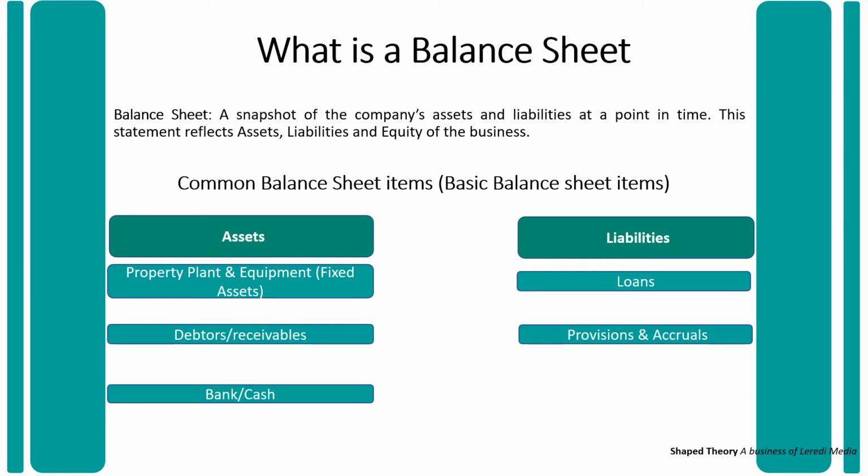And in that regard, you'll have that provision, the portion of the period that is more than 12 months, that portion will be under non-current liabilities, whereas the portion that needs to be released to the income statement within the next 12 months will be under current liabilities. And accruals in most cases are current liabilities because they are expected to be released to the income statement within the next 12 months.